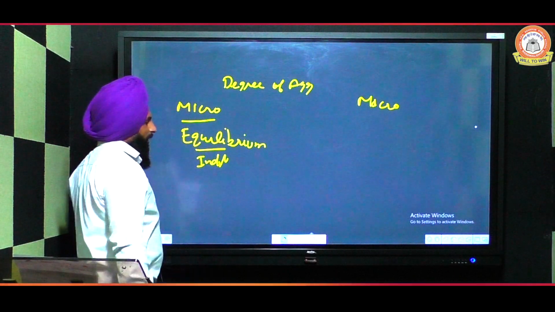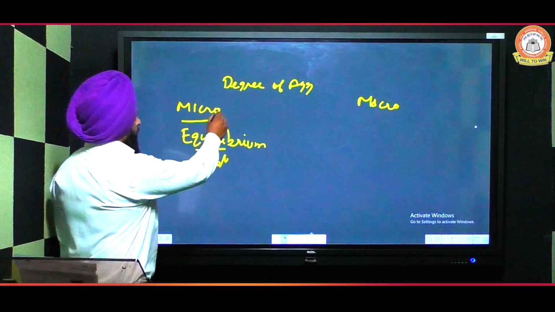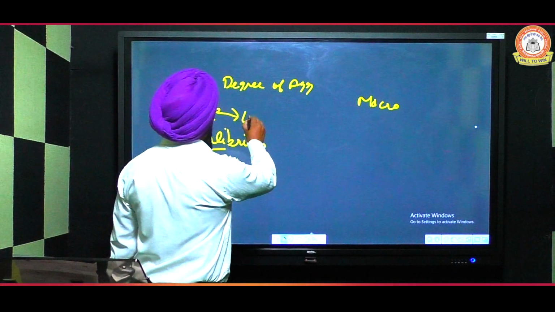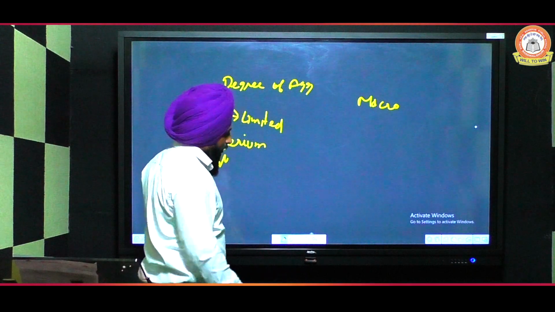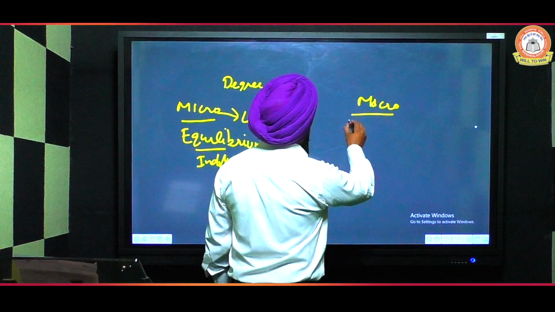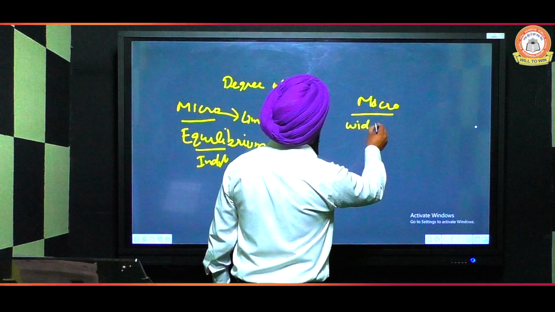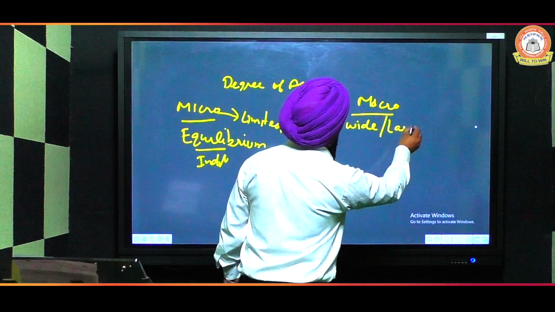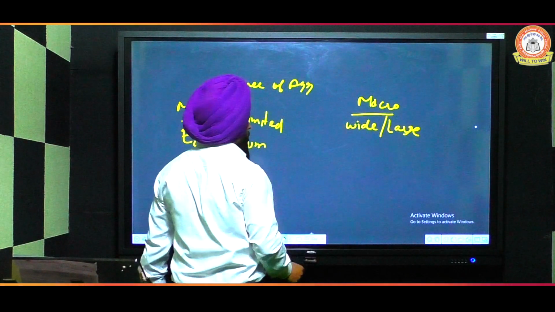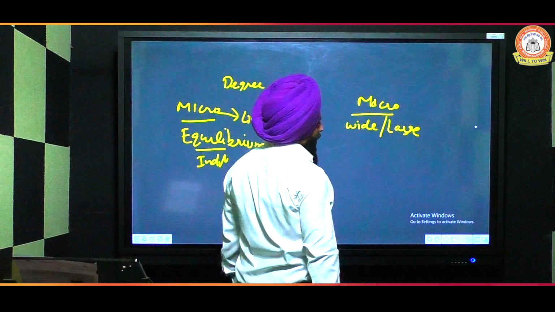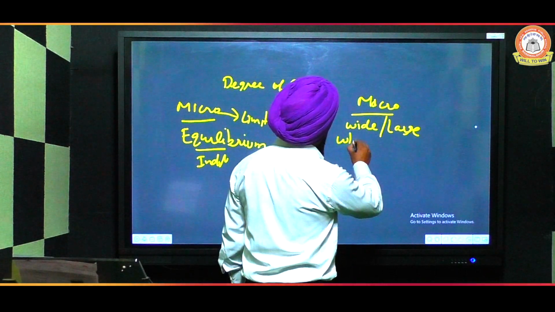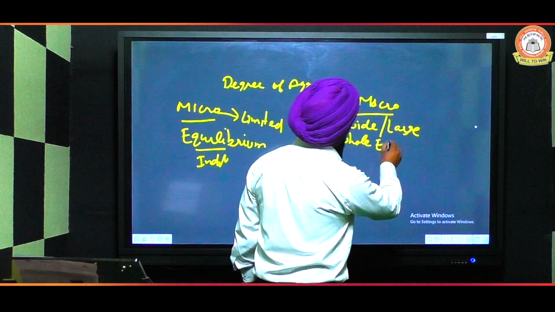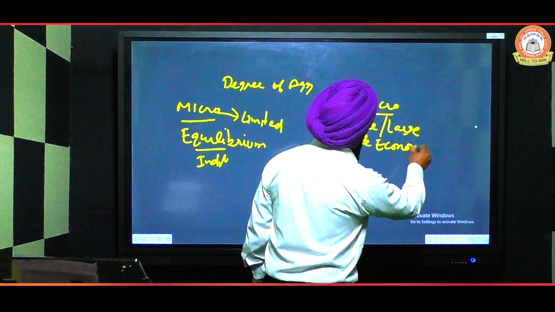Both are at the level of individuals, so its degree of aggregation is limited, while the degree of aggregation under macro is wide or large, because macroeconomics deals with the overall economy, the whole economy.